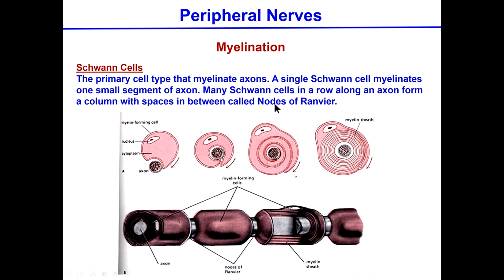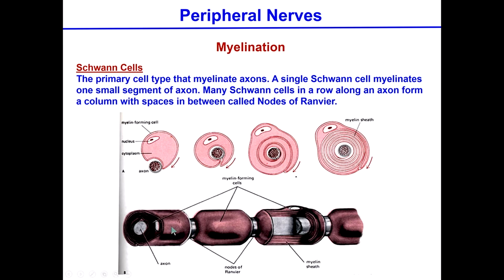Myelination. This is simply a repeat of what we talked about before. It's important to realize that the majority of the nerves in the peripheral nervous system are covered with Schwann cells forming this typical structure, and it makes more sense.